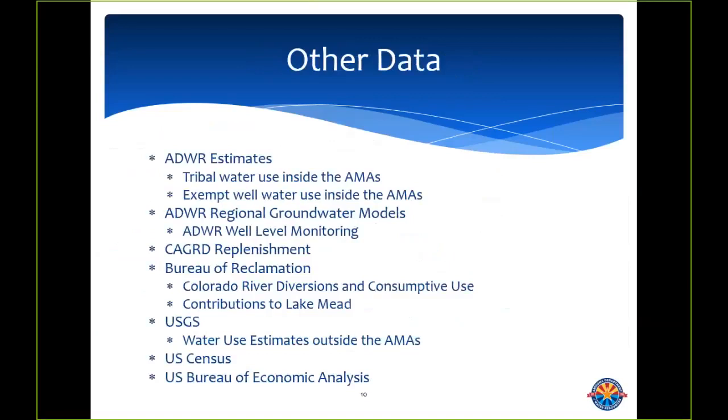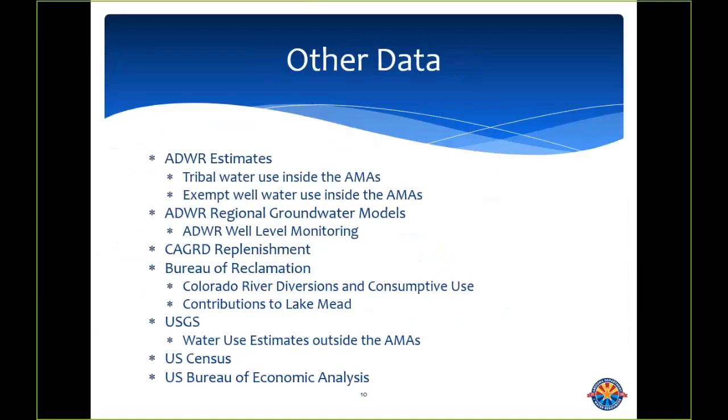So frequently we are cobbling together both reported data and data from other sources in order to do a given analysis. You can see here some typical examples of the types of data sources. ADWR creates estimates of things like tribal demand, where we don't receive reports, and demands from exempt wells to better understand water usage inside the AMAs.